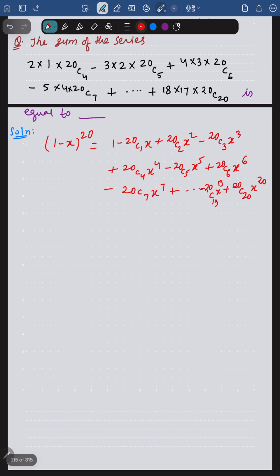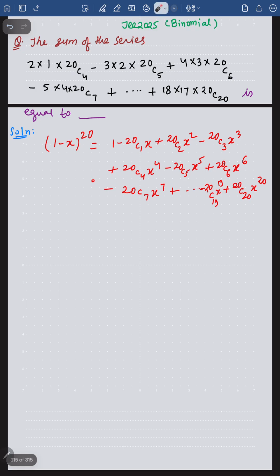Now we have to get the result from the term 20C4 onwards. We don't want the earlier terms, so how do we remove them? One more thing to consider: 20C4 has x power 4. If it were x power 2 and we differentiated 2 times, we could get 2 into 1, but it is x power 4.